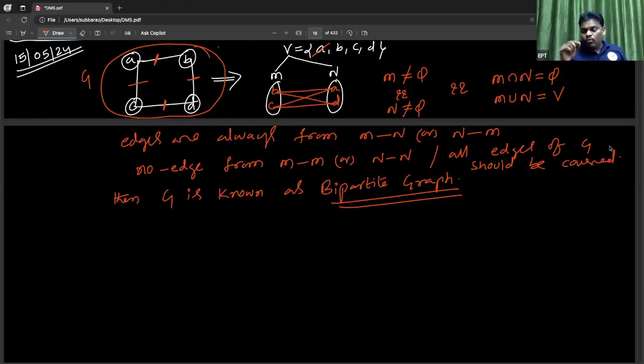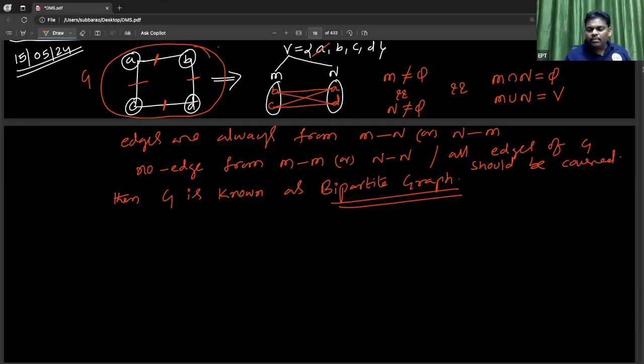One edge also cannot be missed, one vertex also cannot be missed. And one more, no group will be empty. M is not empty, at least M contains one vertex, and at least N contains one vertex. I hope everyone is fine.